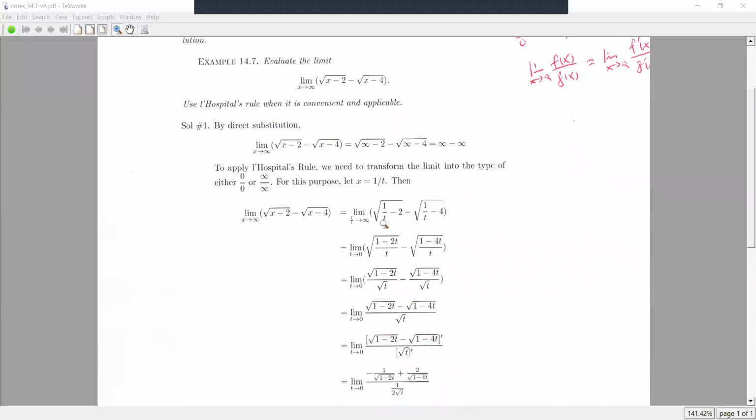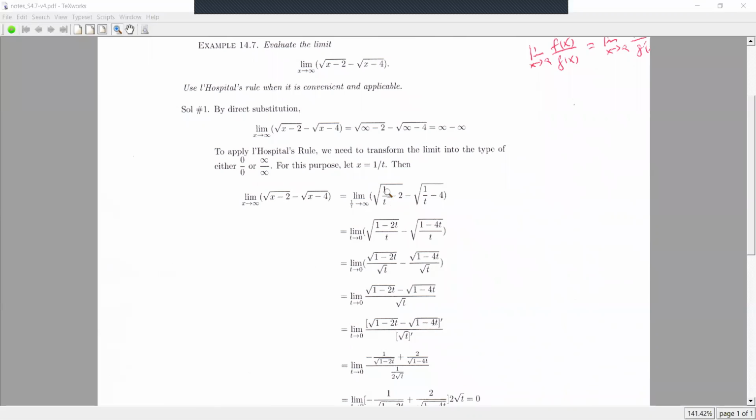Now, plug in 1 over t for x, then we get this limit. 1 over t approaching infinity is equivalent to t approaching 0. And 1 over t minus 2 is this fraction, 1 over t minus 4 is this fraction. So this limit is equal to this limit.